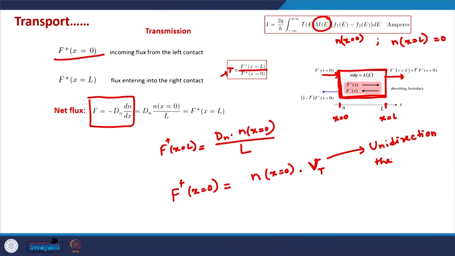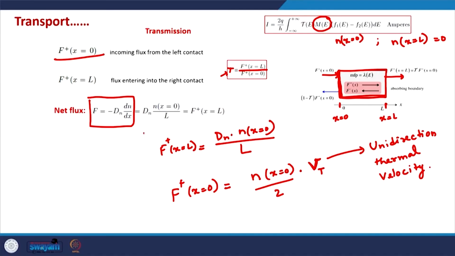But if we only consider the flux going to the right in the plus x direction, then we need the unidirectional thermal velocity, which is just the velocity of electrons traveling in the plus x direction. So the flux at x equal to 0 will be N(x=0) times velocity divided by 2, because the number of electrons going to the right is half, if we consider that half of them scatter and come back to the left.